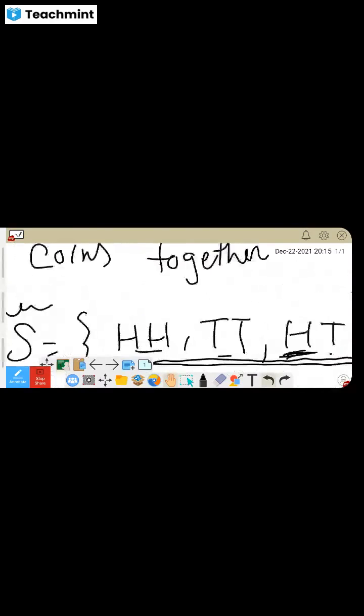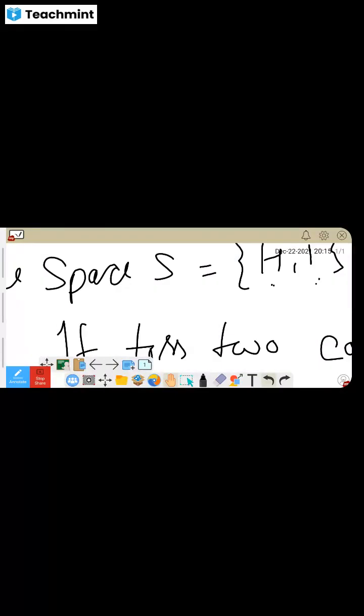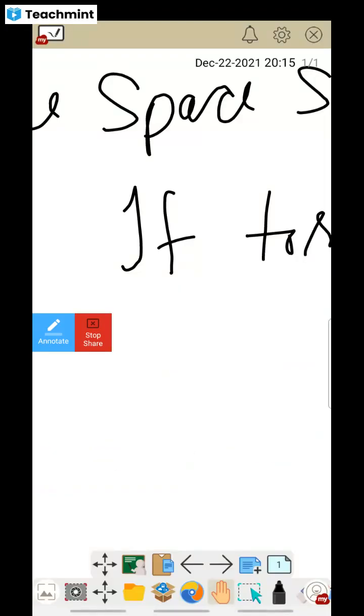Now we'll do it for dice. We throw a die. ये तो हमने कर लिया coin के लिए. Okay, now we'll do it for a die. Let us do one more example for 3 coins together. Can you see the whiteboard?